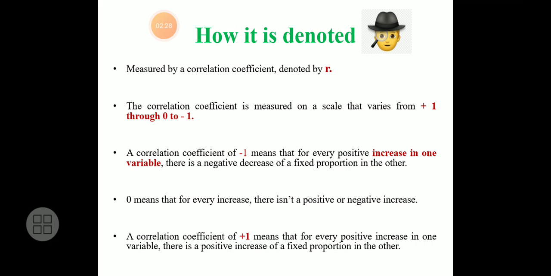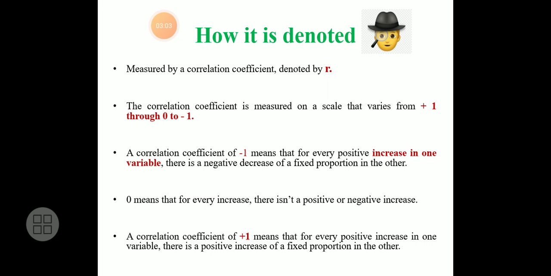A correlation coefficient of -1 means that for every positive increase in one variable, there is a negative decrease of fixed proportion in the other. 0 means that for every increase, there is no positive or negative increase.